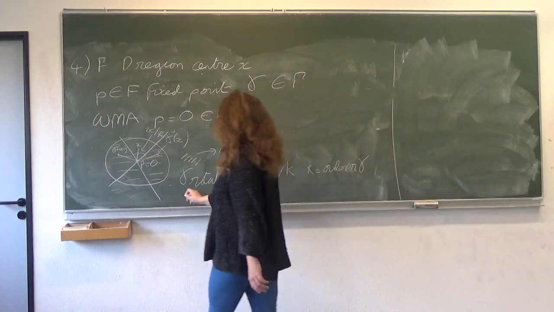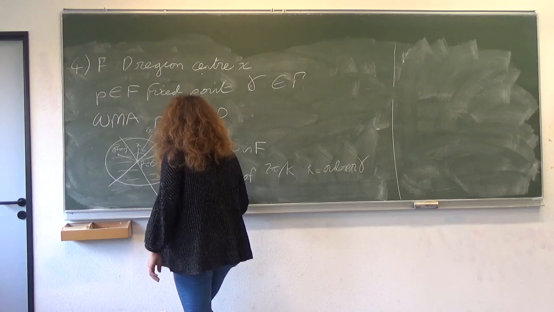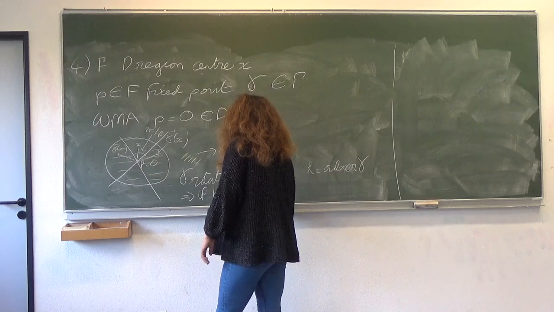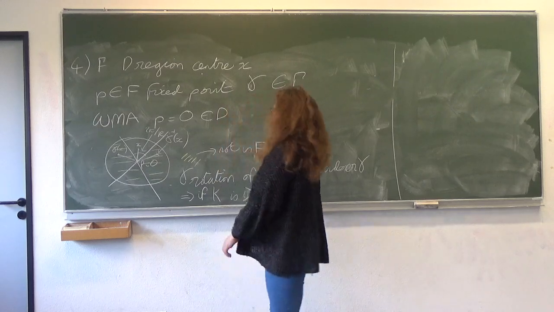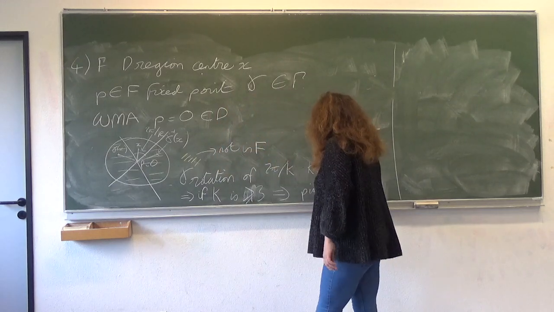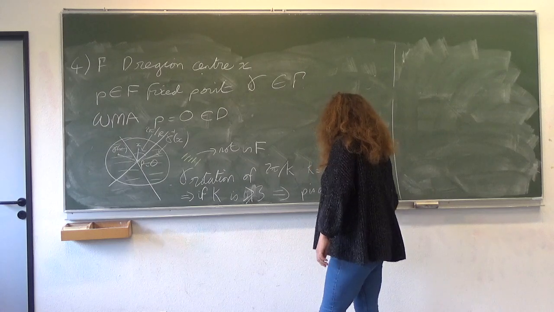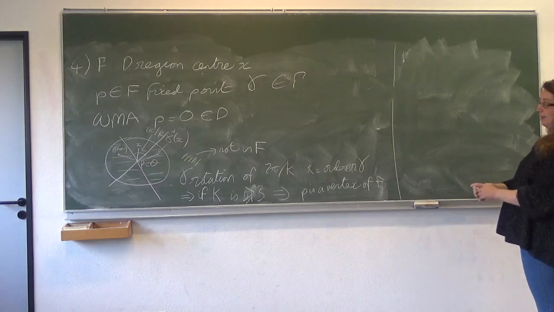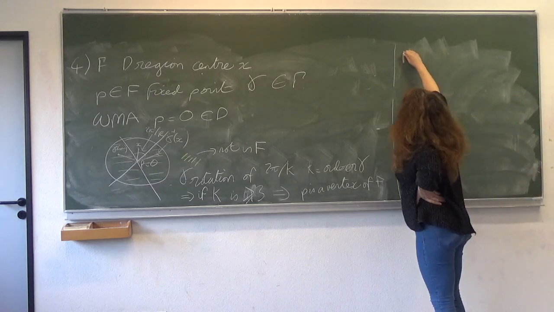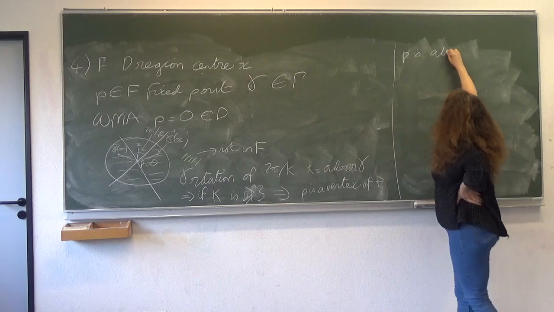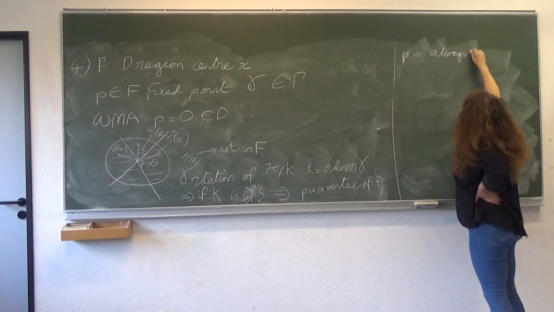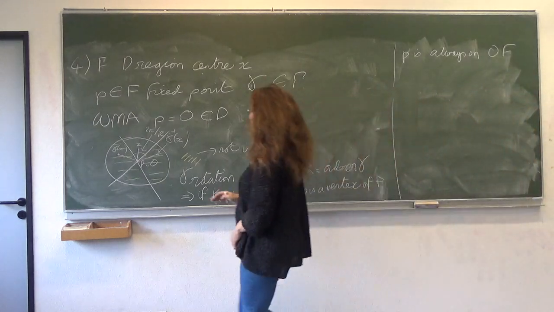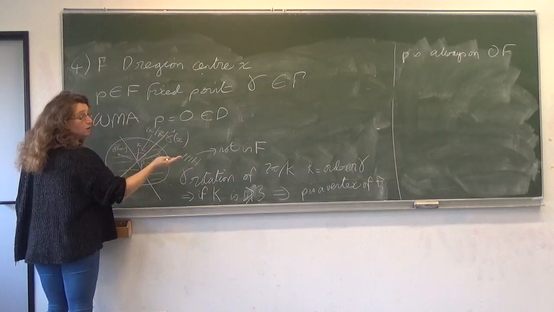And this tells me that if k is greater than or equal to 3, then P must be a vertex, since it is always on delta of F, since I have points that are arbitrarily close to P that aren't contained in F.